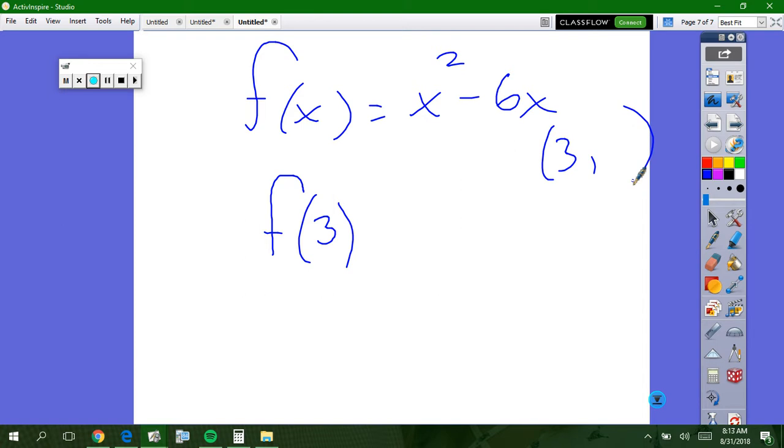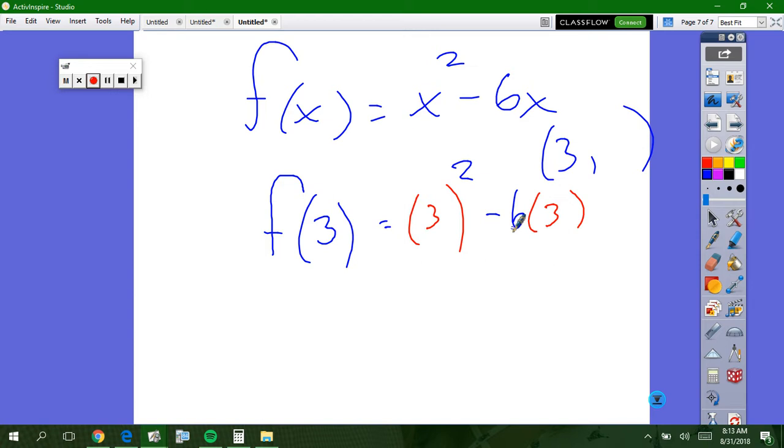They're telling you it's the x value because that's what's being replaced. So therefore, I come into my equation, and anytime I see an x, I replaced it with a 3, didn't I? Okay?